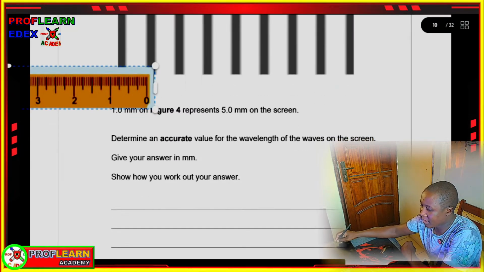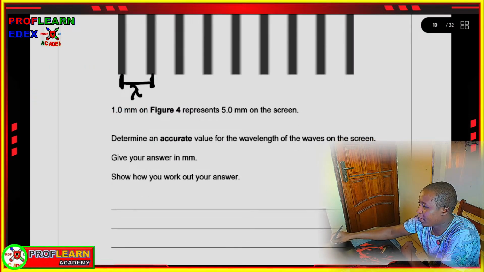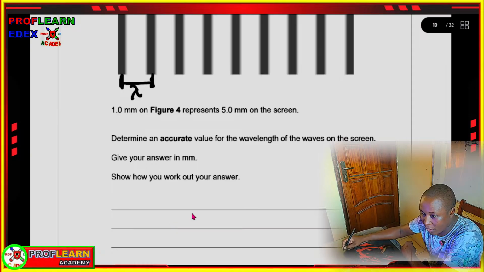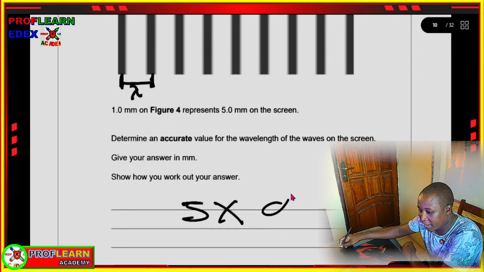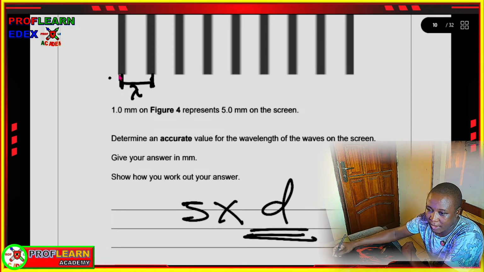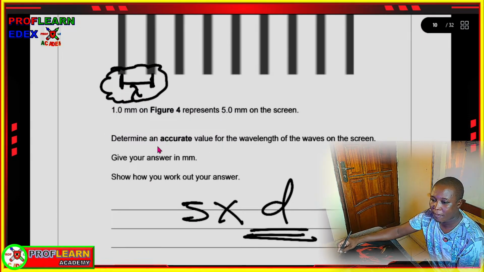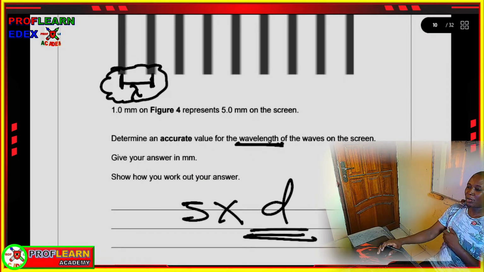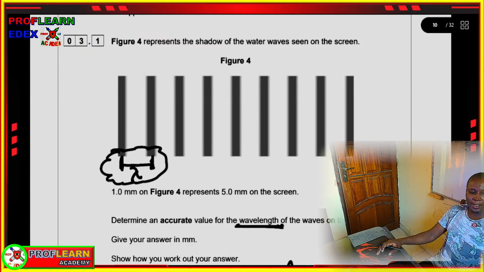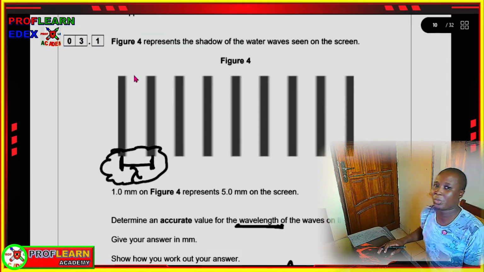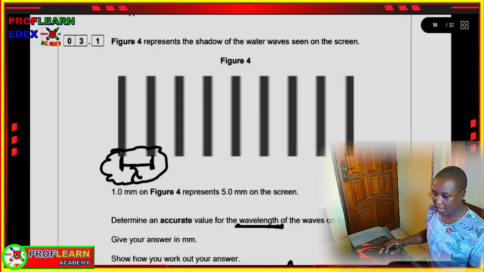If you measure the distance and you get a given value, you are going to multiply it by 5. This distance, the distance between two successive crests, times 5. Then you are supposed to determine the wavelength accurately, and accurately means you have to take more measurements and then get the average. That's how you are going to get the most accurate value.